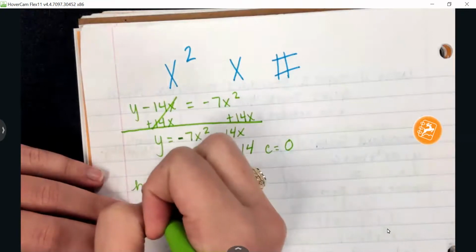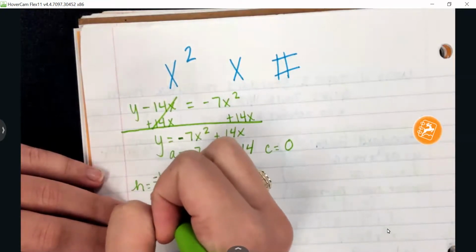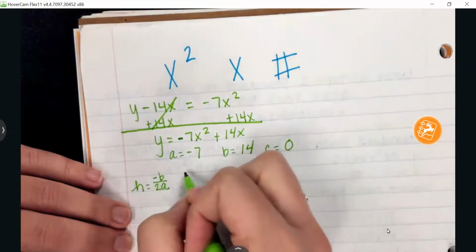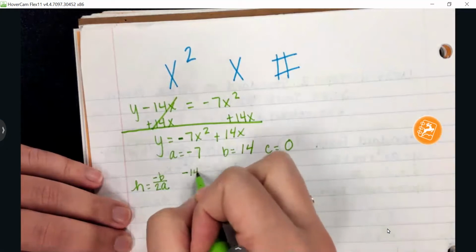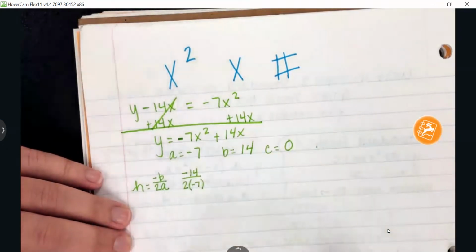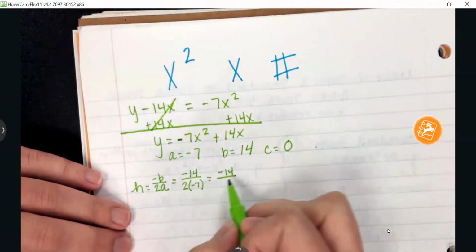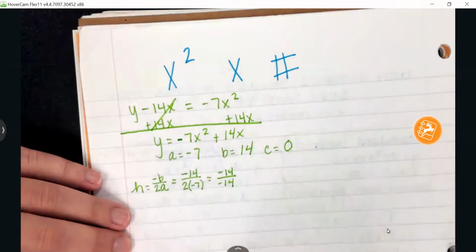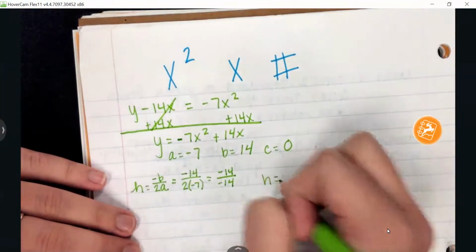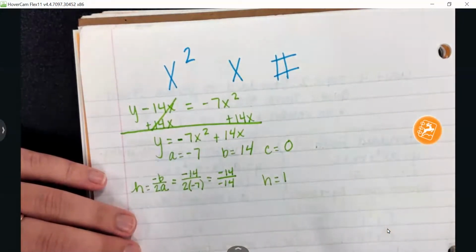Okay. So let's go figure out H. What was my formula? Negative B over 2A. So I have a negative 14 over 2 times negative 7. Negative 14 divided by negative 14. So what does H equal? Positive 1. What do I do with that H?